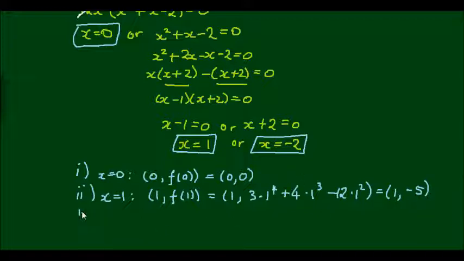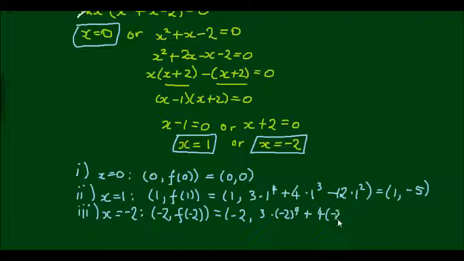And finally, for my third critical point of x equals negative 2, the y coordinate of that is going to be, again, the function evaluated at x equals negative 2. That's going to give me negative 2 comma 3 times negative 2 to the 4th plus 4 times negative 2 to the 3rd minus 12 times negative 2 squared.